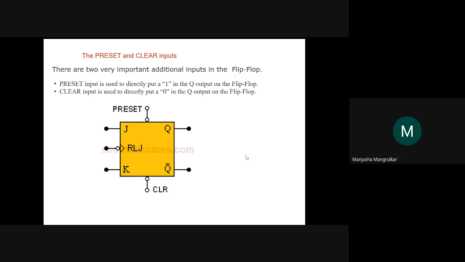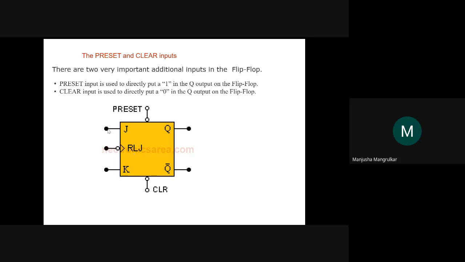Now there is one more concept in the flip-flop, that is the preset and clear, right? These two are inputs given to the flip-flop. Till now we have seen the inputs like SR, JK, T, and D, right? This is without the clock, and then with the clock, there are the outputs Q and Q complement, right?